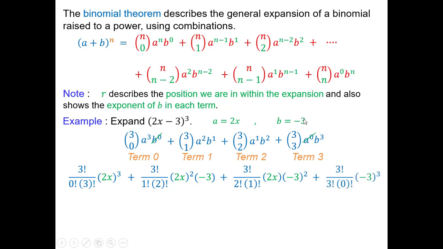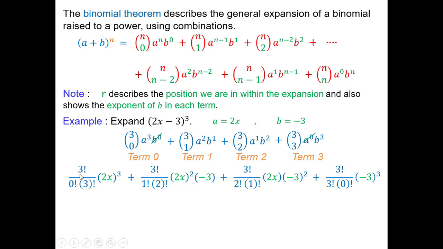And lastly, b becomes -3, so we're left with 3 choose 3, which is 3 factorial on top, over 3 factorial in the bottom, times 3 minus 3 factorial in the bottom as well.